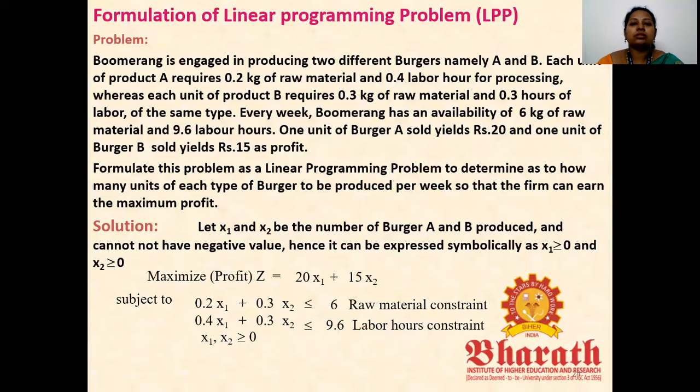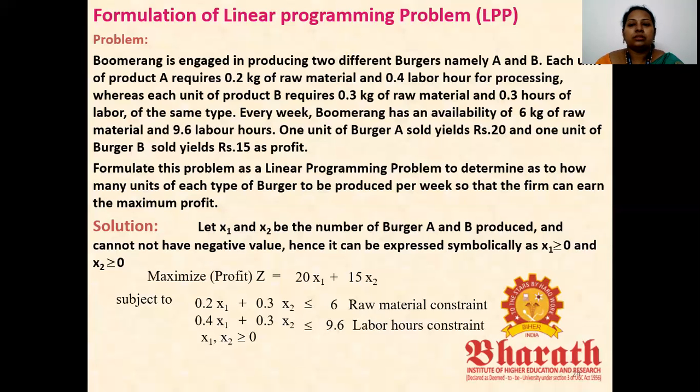Then, based on the availability of raw material and labor hours, we can form the constraints, the subject to constraints. For burger A, 0.2 kg of raw material is needed, and for burger B, 0.3 kg of raw material is needed. The total availability of raw material is 6 kg per week.